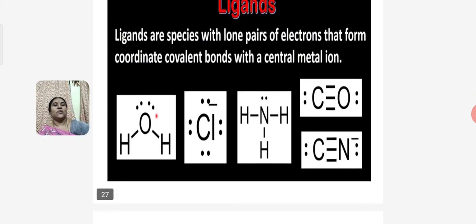Here you can see a water molecule containing two lone pairs of electrons, and chloride ion containing lone pairs of electrons, ammonia molecule, CO molecule, CN-, all contain lone pairs of electrons in them, and therefore they can act as electron pair donors, so therefore they can act as ligands.